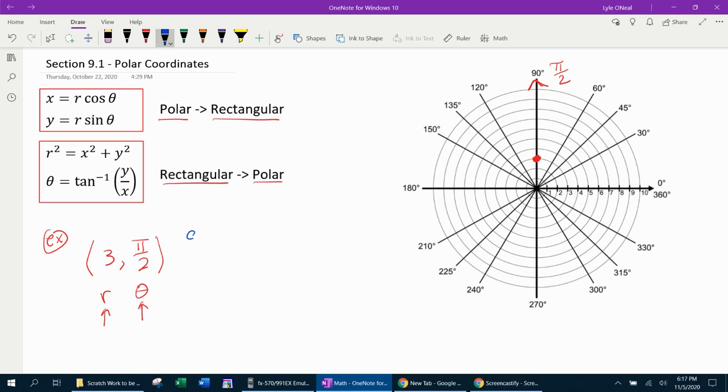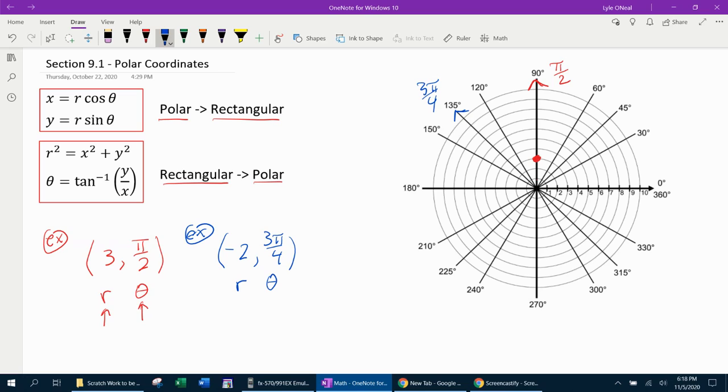Let's do another example. Okay, let's take the ordered pair -2, 3 pi over 4. So here again, they're going to tell us that this is a polar point. So this is an r and a theta. And the first thing you do is locate the direction. 3 pi over 4 is going to be the same as 135.